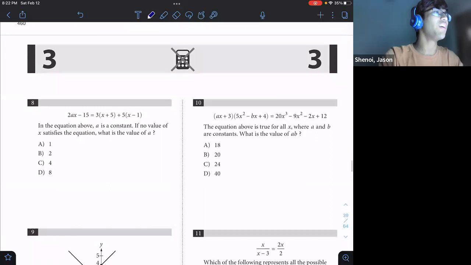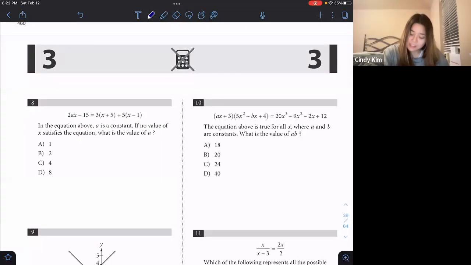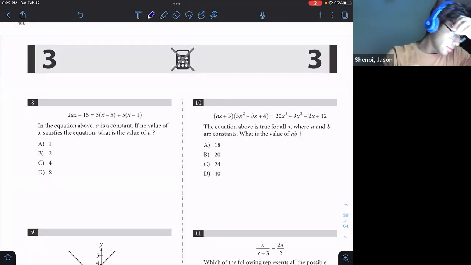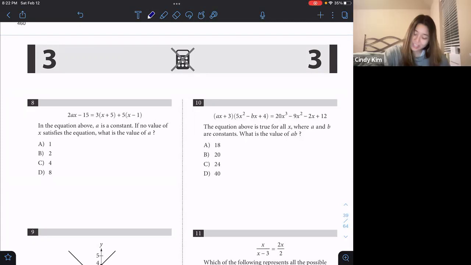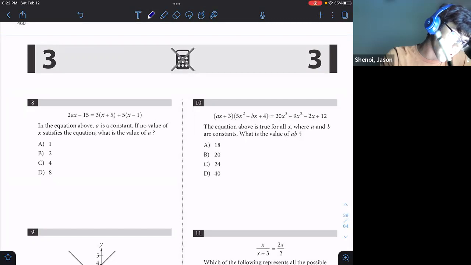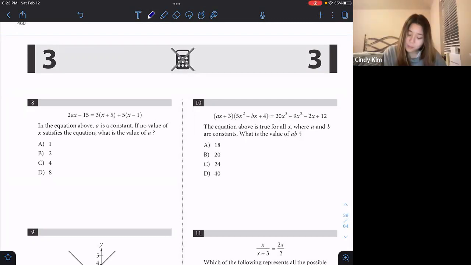Okay, which one? 8? Correct. It says, I mean, I solved it, but I couldn't solve it. If a is a constant and no value of x satisfies the equation, what's the value of a?